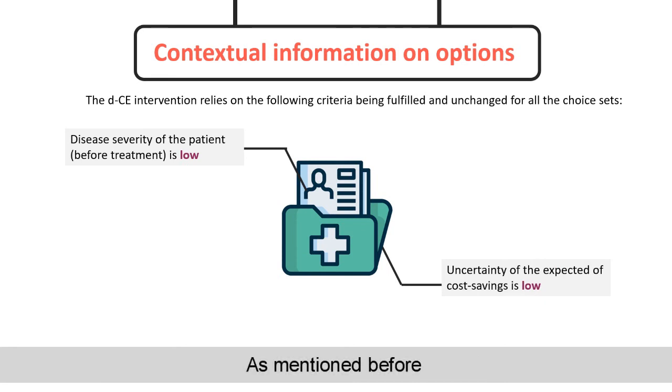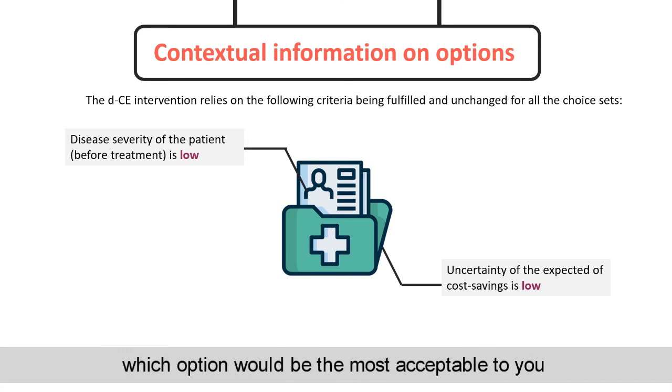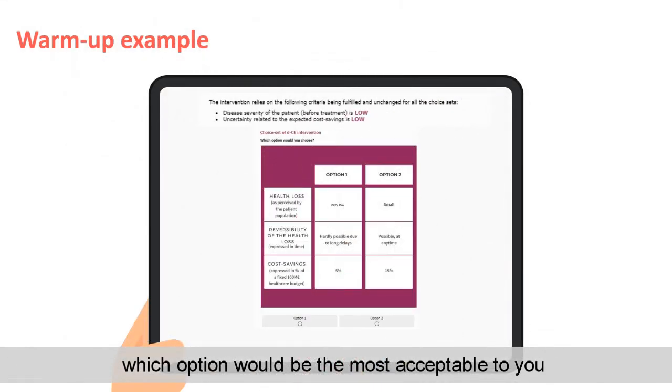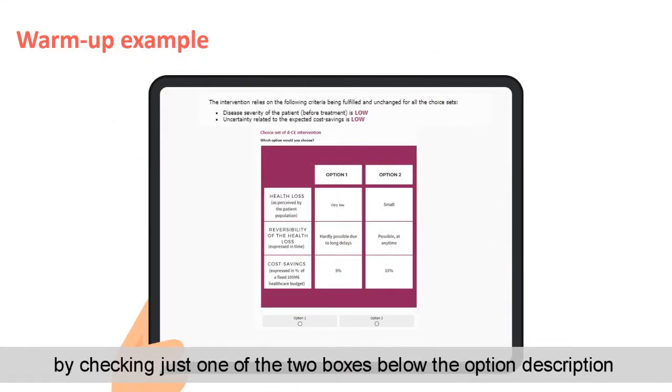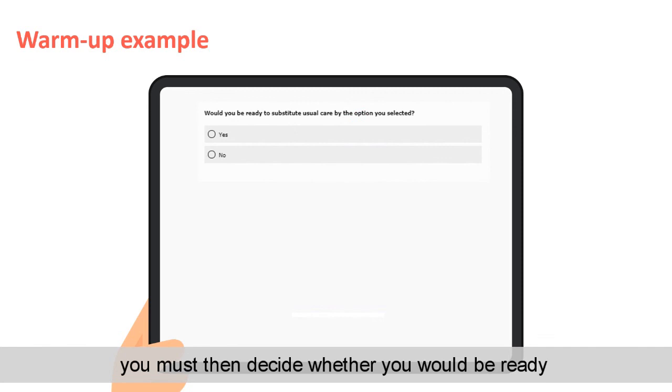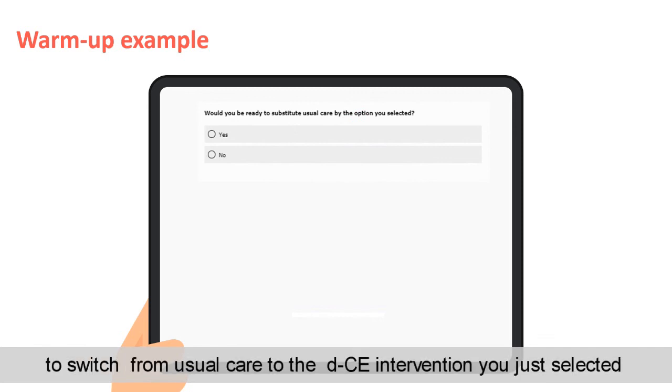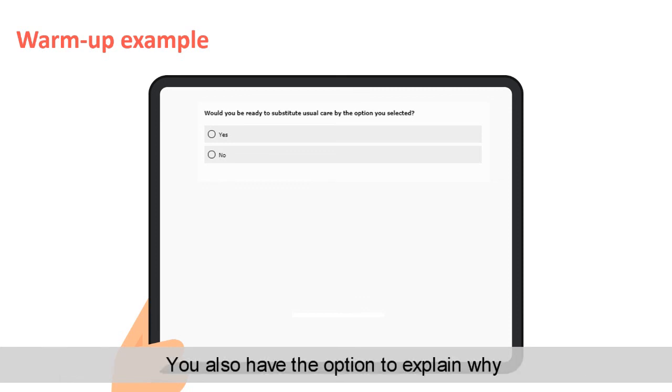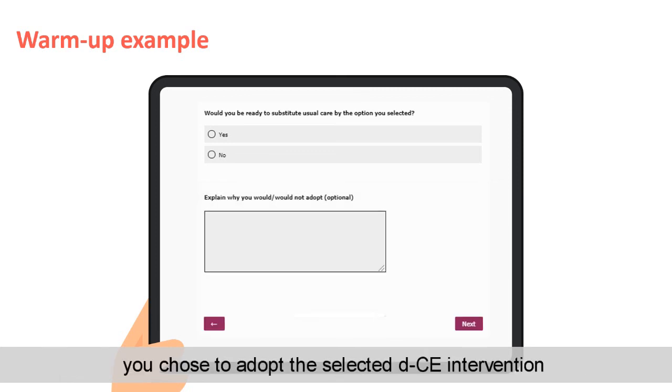As mentioned before, in each choice set you must choose which option would be the most acceptable to you by checking one of the 2 boxes below in the option description. After having chosen your preferred option, you must then decide whether you would be ready to switch from usual care to the DCE intervention you just selected. You also have the option to explain why or why not you chose to adopt the selected DCE intervention.